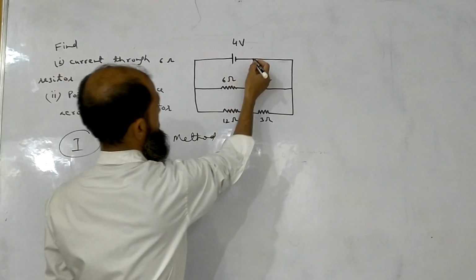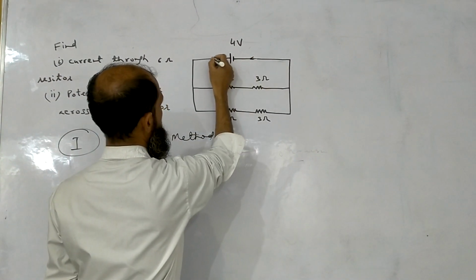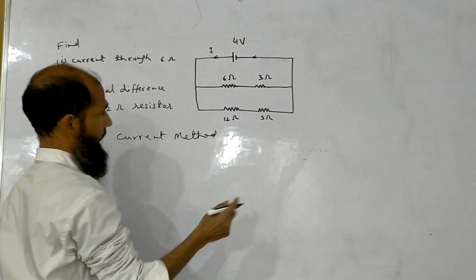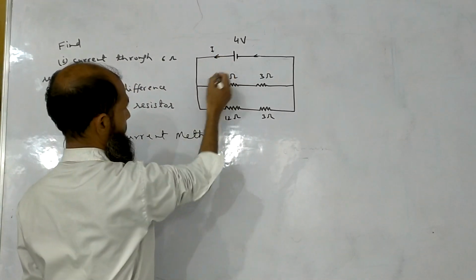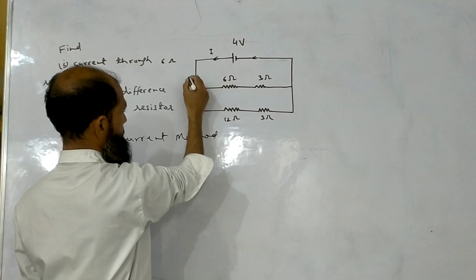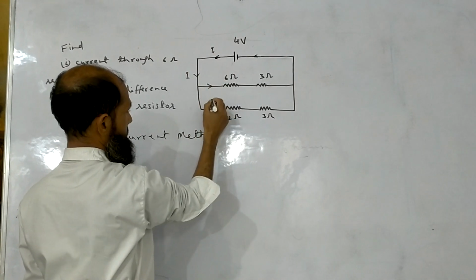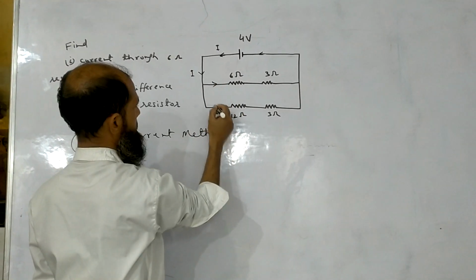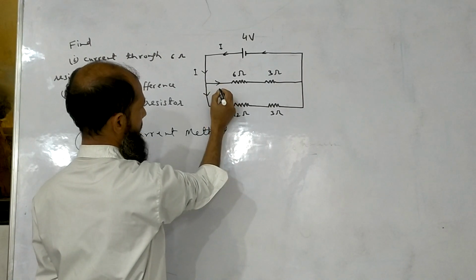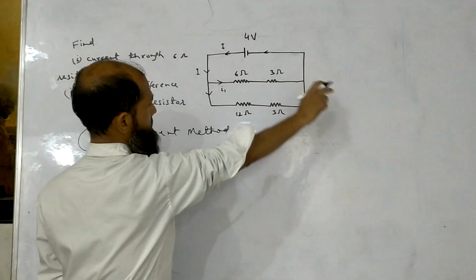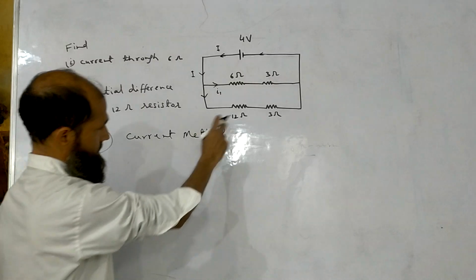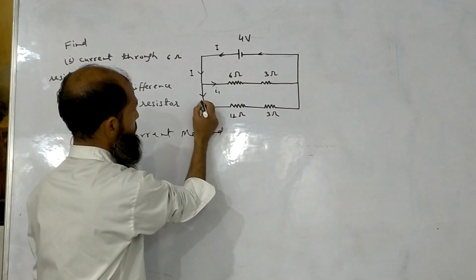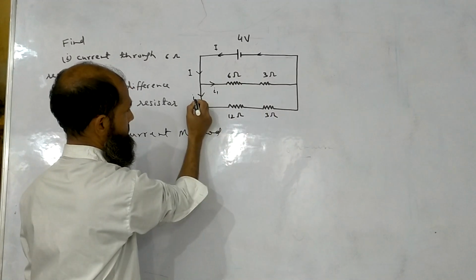Let us consider current through this is I. I current passes through this battery, and it gets distributed in this and in this resistor. Suppose I1 goes through this resistor and I2 goes through these two resistors.